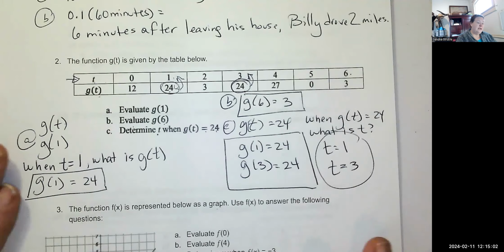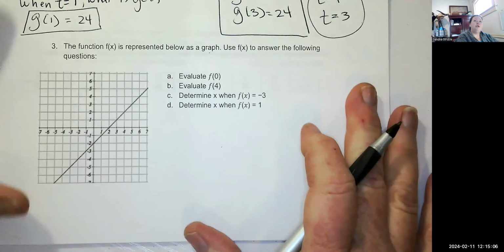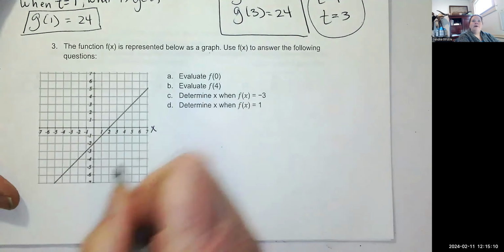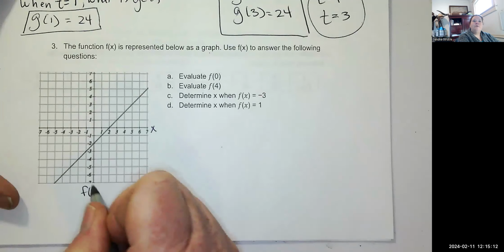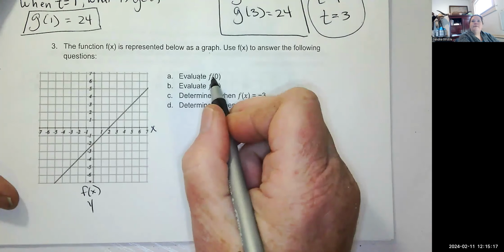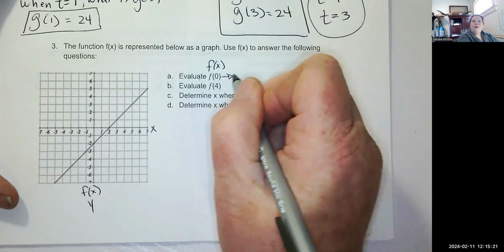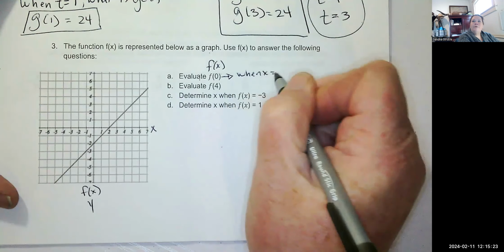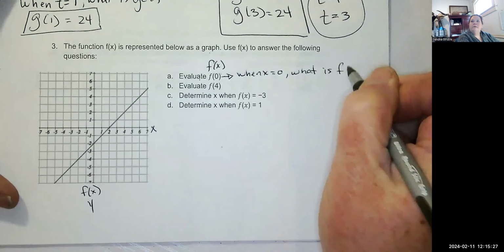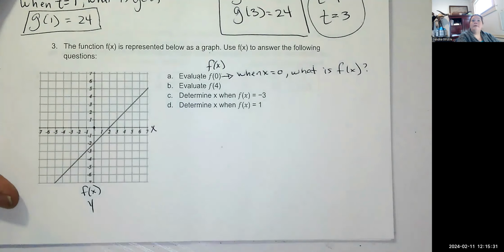Okay, let's look at number 3, and this is going to be using our graph of a linear function, and it wants us to evaluate f of 0. So remember, this is your x value, and this is your f of x, or your y value. So when x is 0, what is f of x, or y?